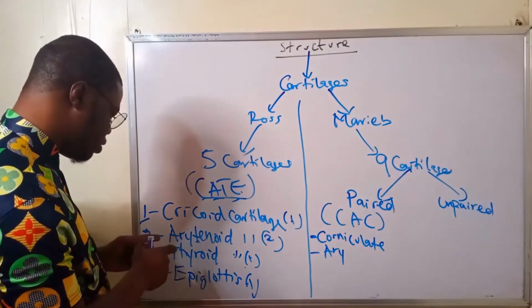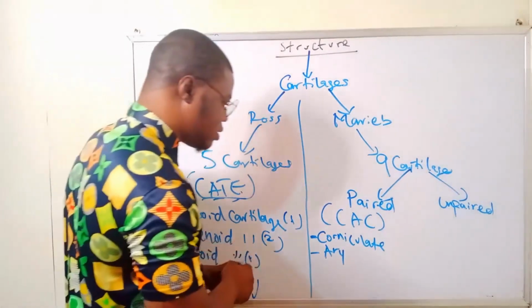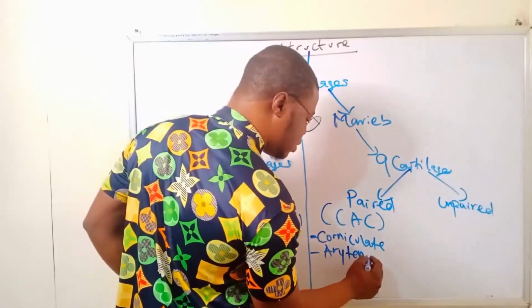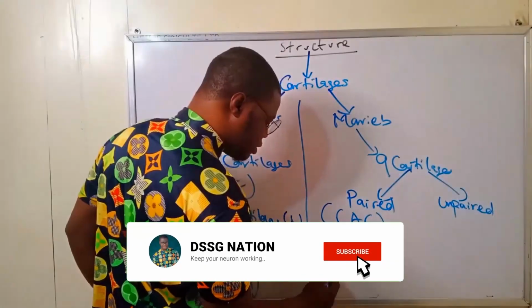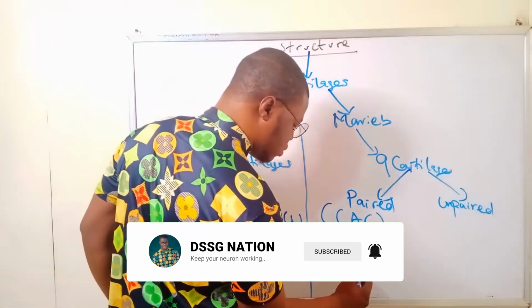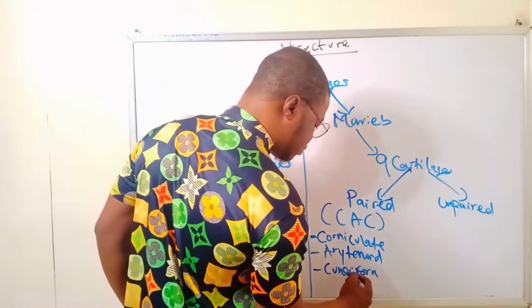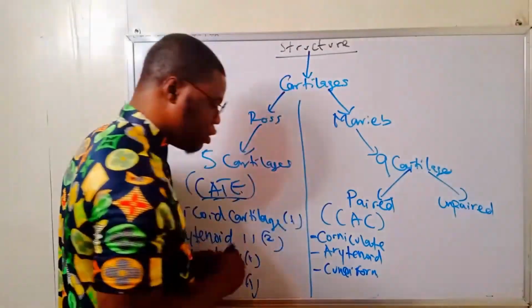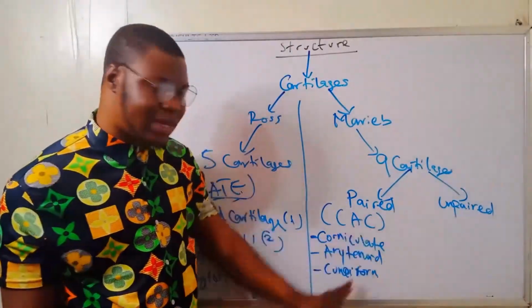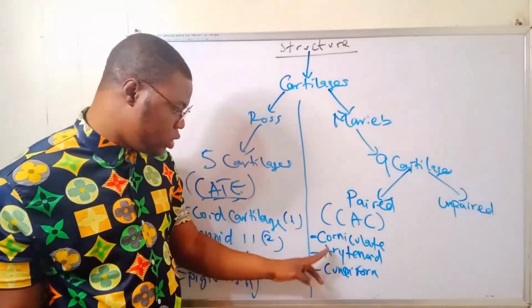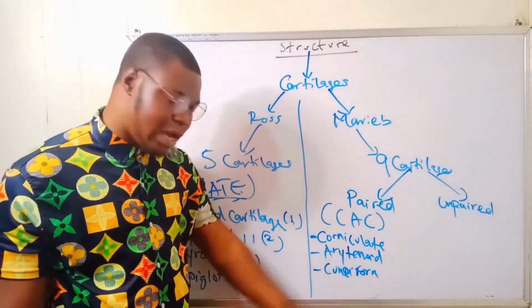Arytenoid is 2. Oh yes, it's 2. So arytenoid. And the next one is C, cuneiform. So these 3 cartilages are paired cartilages. They occur in 2, so in pairs. Corniculate, arytenoid, and cuneiform.